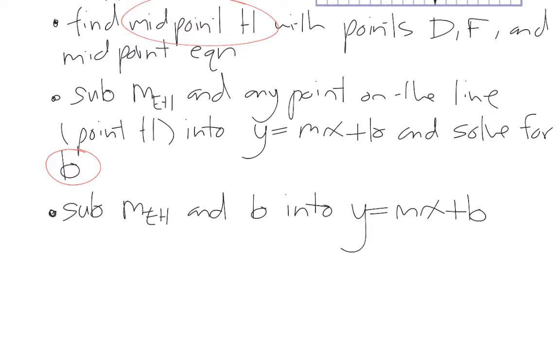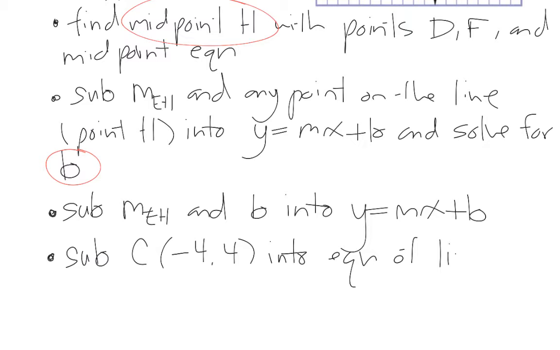We're not quite finished. We want to figure out if C is a point on this line, this right bisector. So to do that, you need to do a left side equals right side check. So I'm going to write those instructions in. Sub C, and that point is -4 and 4, into the equation of the right bisector that you just determined.